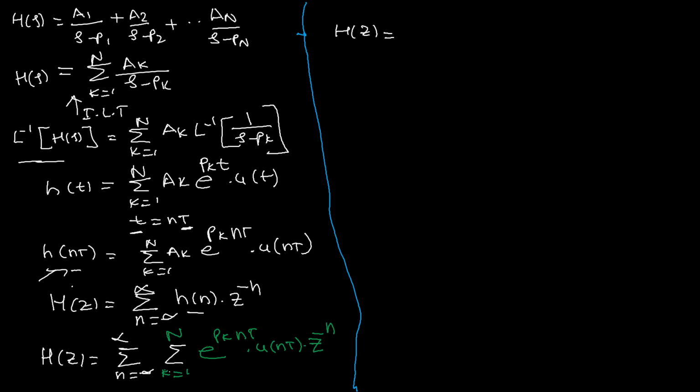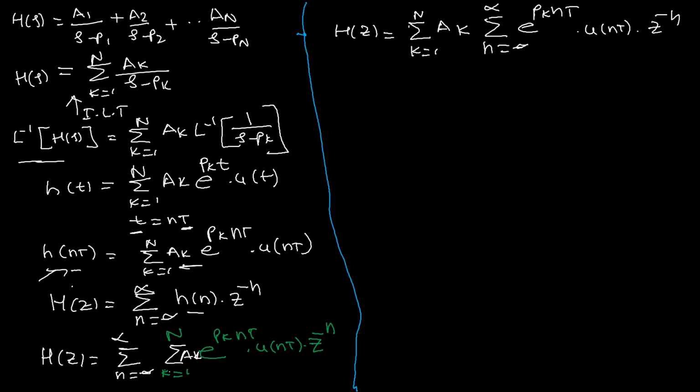Once again, rewriting this expression, I can write the sum for k equal to 1 to n of Ak, and the sum for n from minus infinity to infinity of e to the power Pk nT into u(nT) z to the power minus n.